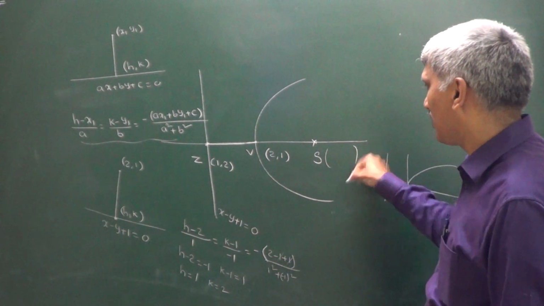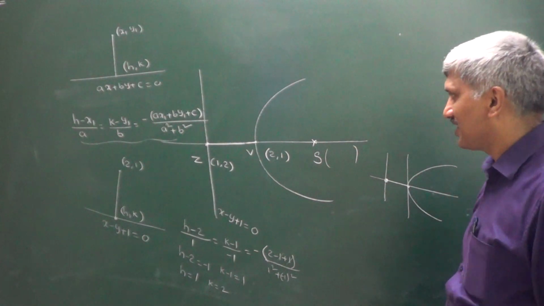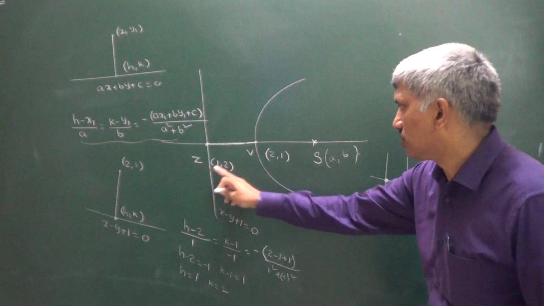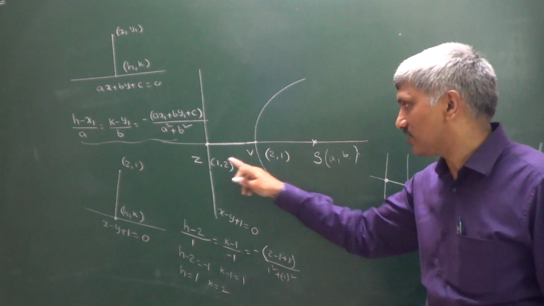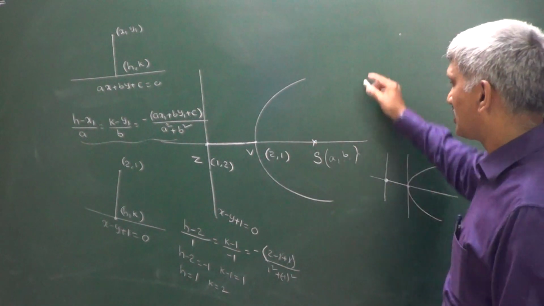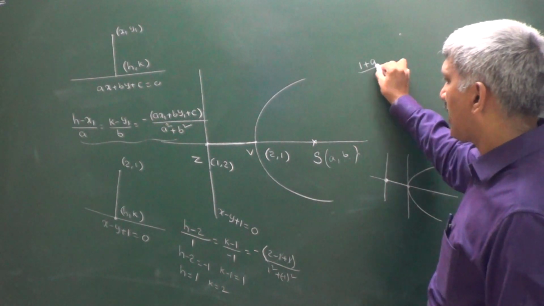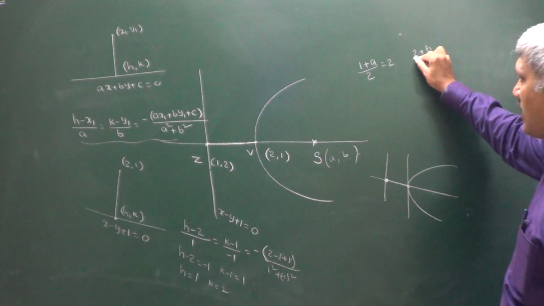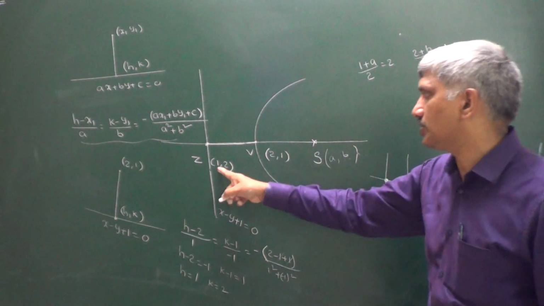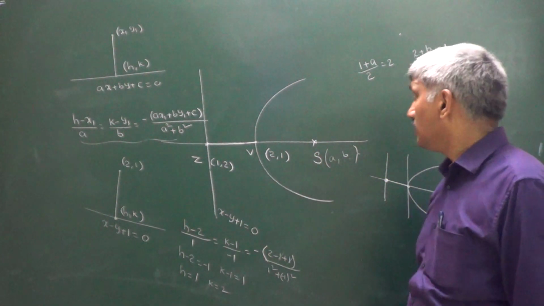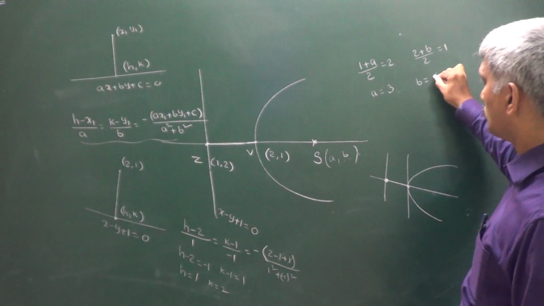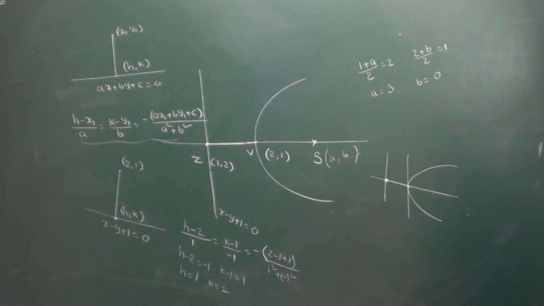Now we can find the focus. Let the focus be (a, b). The midpoint of these two points is the vertex. That's why (1 plus a) divided by 2 equals 2, and (2 plus b) divided by 2 equals 1. Therefore a equals 3 and b equals 0.